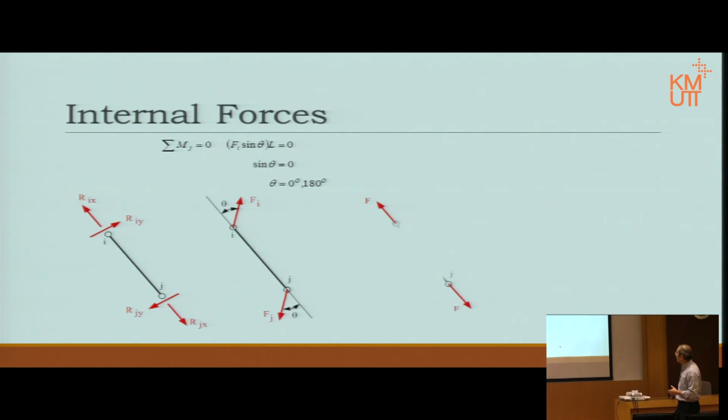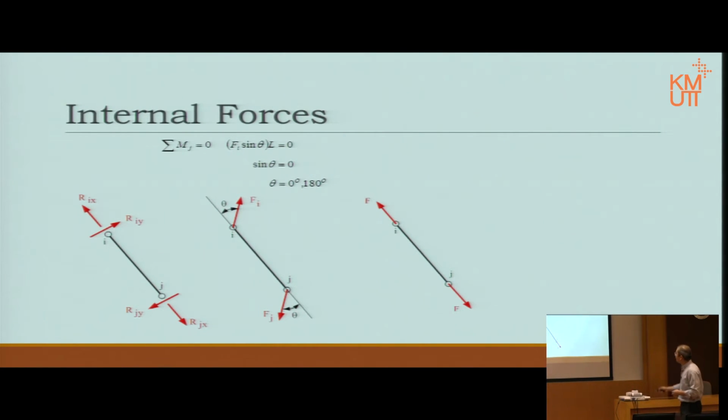Nevertheless, we can draw it this way, because we already know that theta is 0. So we draw it with the right theta, then Fi and Fj are on the same line, but because equilibrium dictates that the summation of all forces must be 0, Fi and Fj must equal one another in this case, so I just call it F.